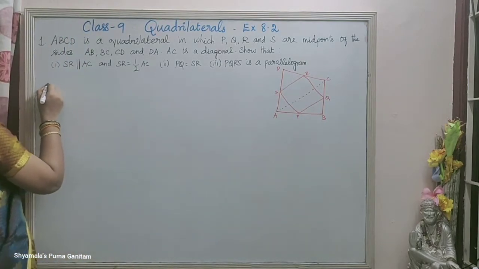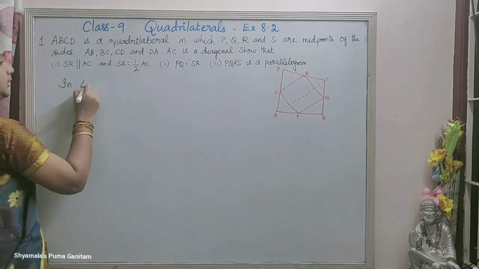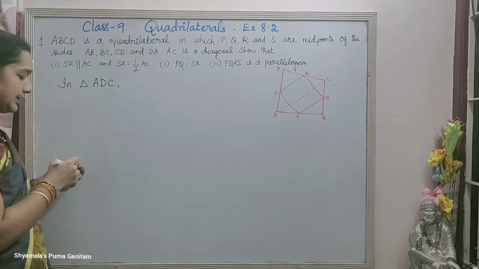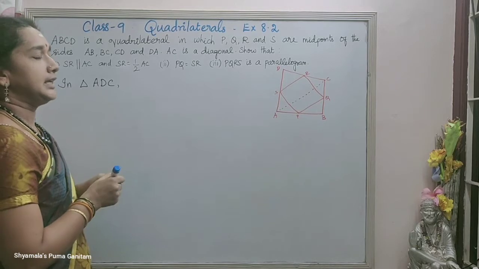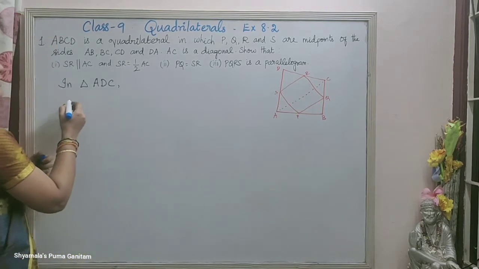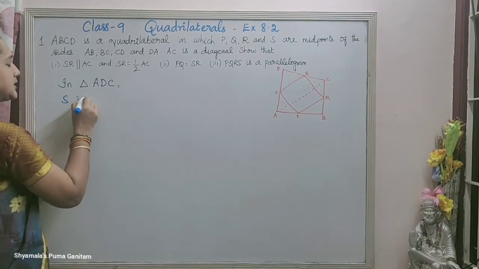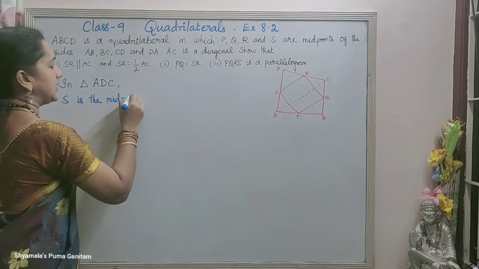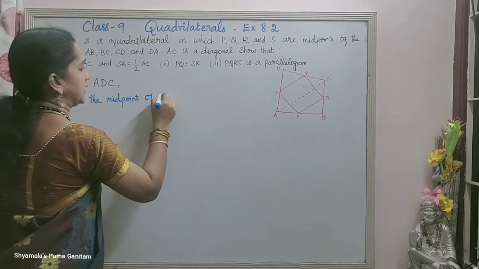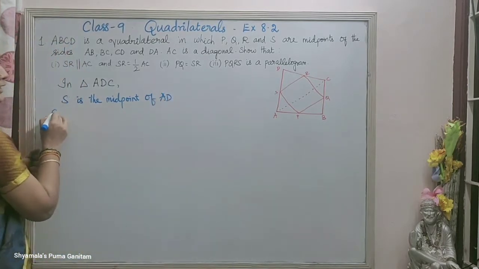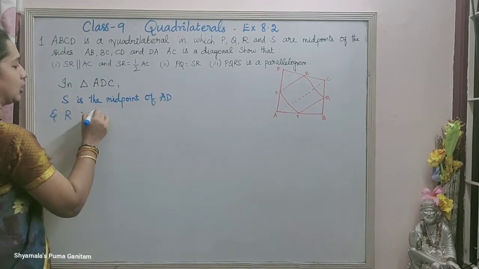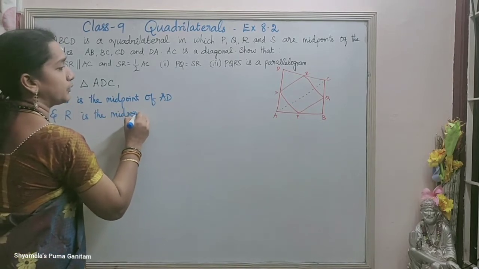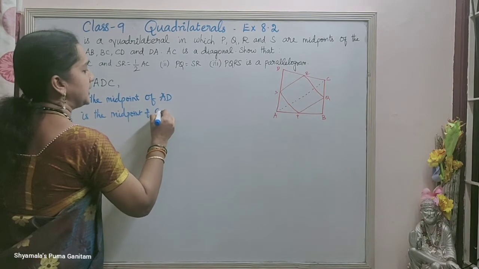So in triangle ADC, S is the midpoint of AD and R is the midpoint of CD.